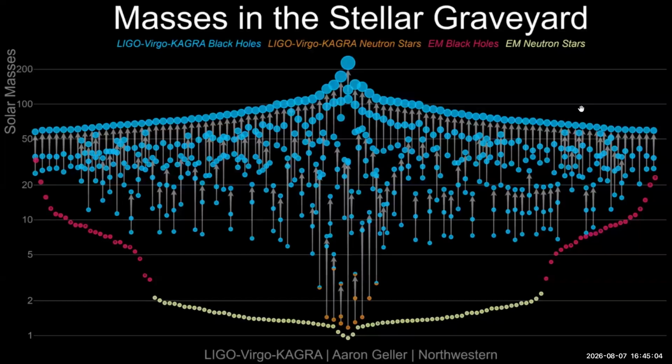We have so many detected sources of gravitational waves. This is the holy grail of what they made, the graveyard of black hole binaries detected so far, and these are neutron star binaries.